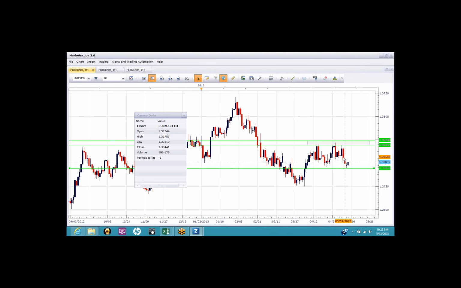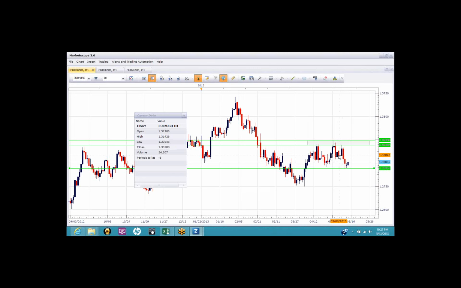Is this low lower compared to this low? Yes. Okay. Is this low lower compared to this low? Yes. Is this low lower compared to this low? No. Okay, keep going.